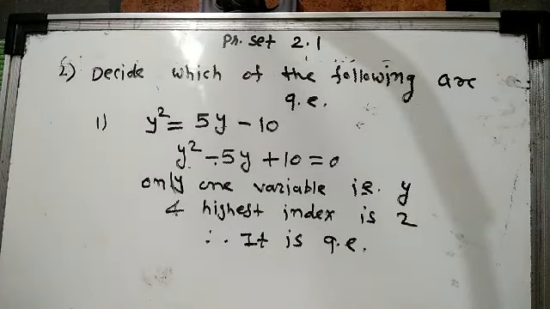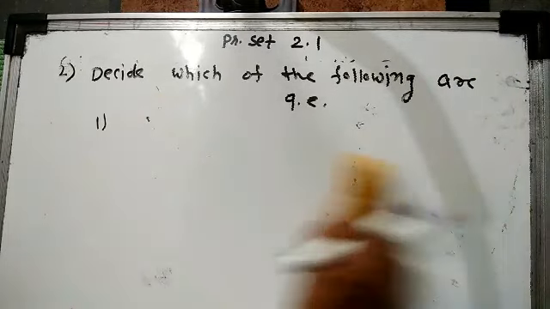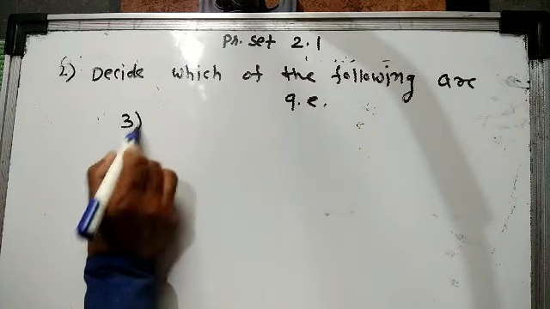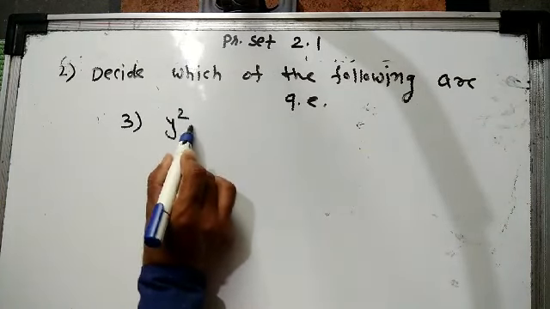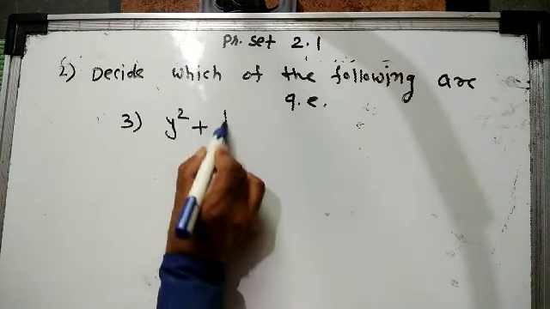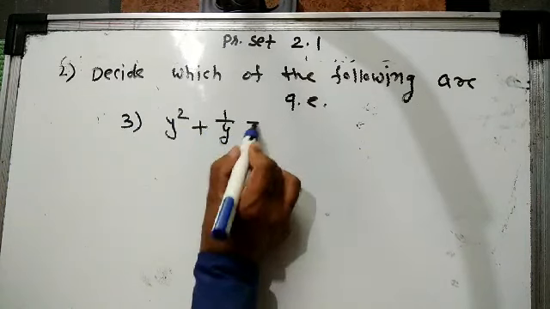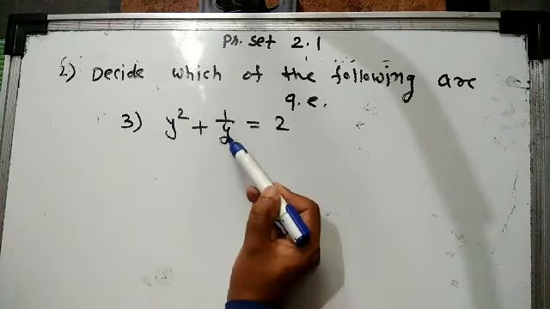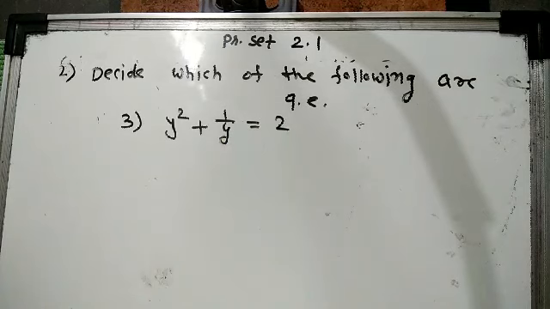Then third, y square plus 1 upon y is equal to 2. In this equation, the y is in the denominator. Therefore, multiply throughout the equation by y.